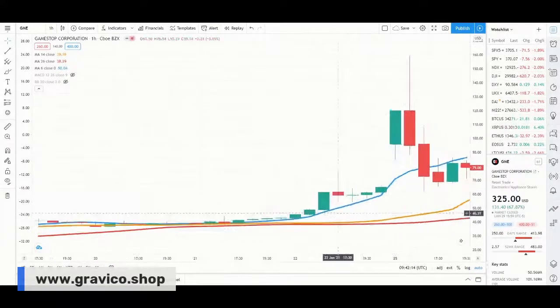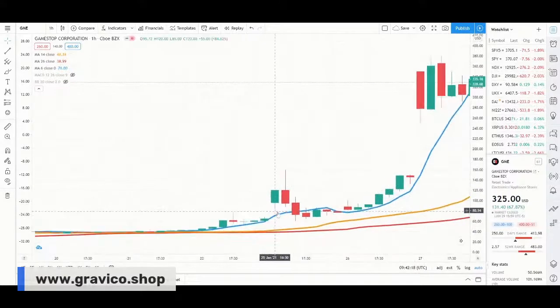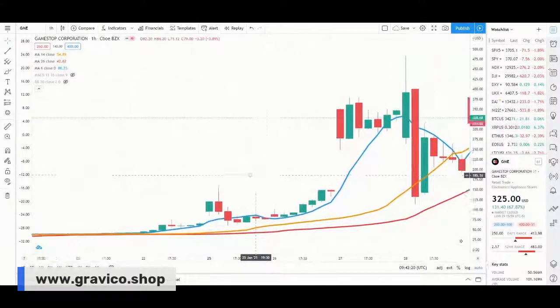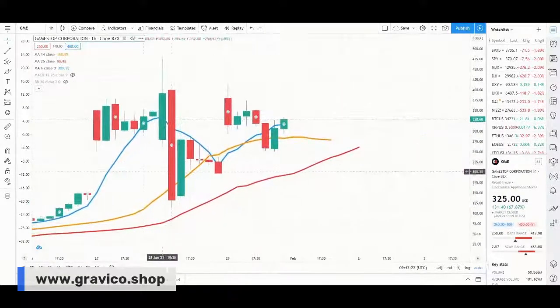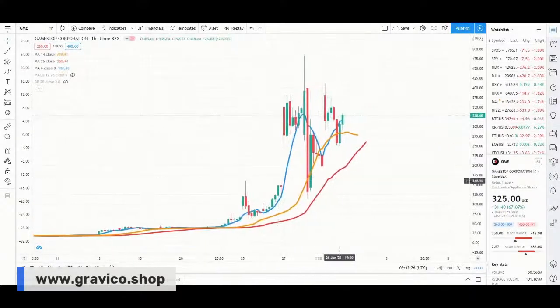Right over here, there are several attempts to go short, but too bad, or too late. It's just bullish. And look at this position right over here. Again, the red line is still at the bottom, so the market is still bullish for that particular stock.